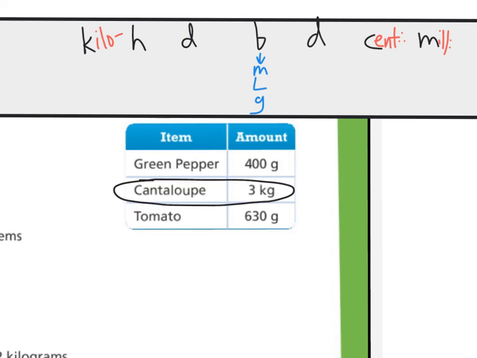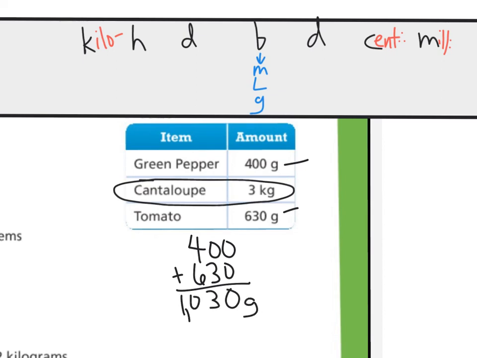The other thing you could do is take the ones in grams and go ahead and add those together, and figure out how many grams you'd have, which would be 1,030 grams.